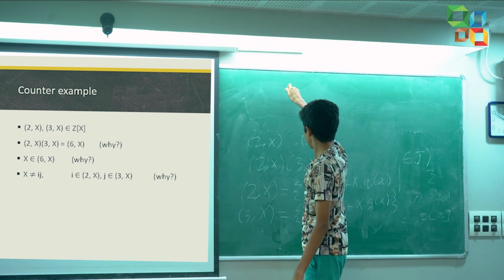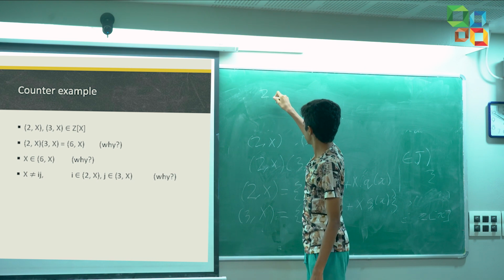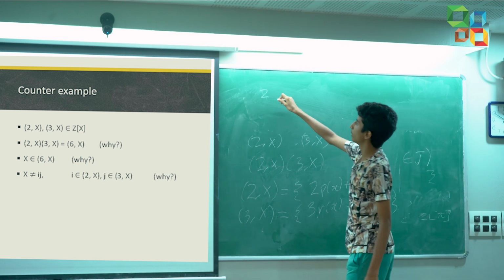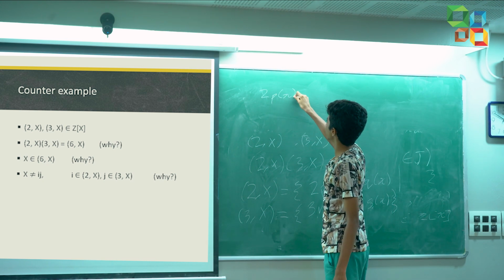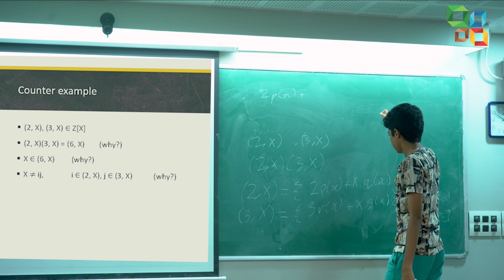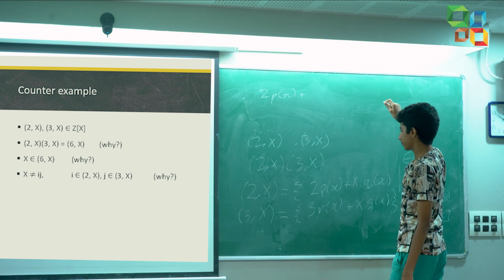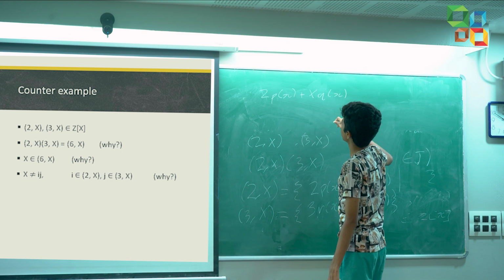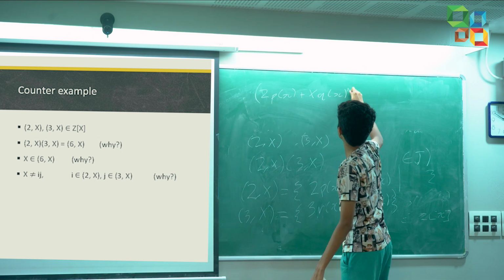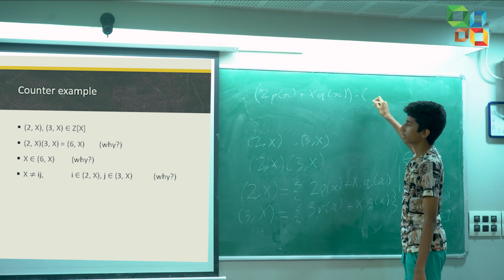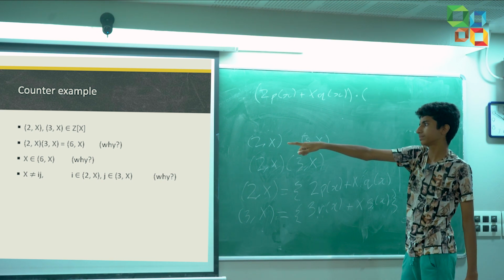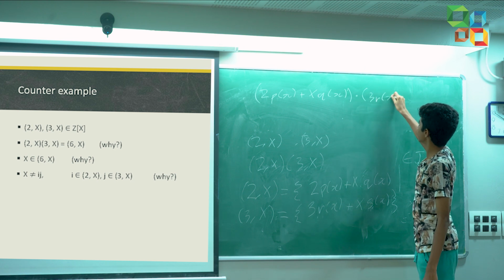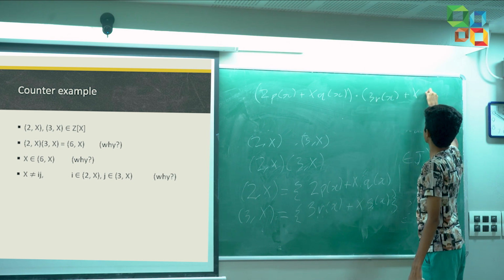So any element from (2, x) is of the form 2p(x) plus x q(x), and this times 3r(x) plus x s(x).